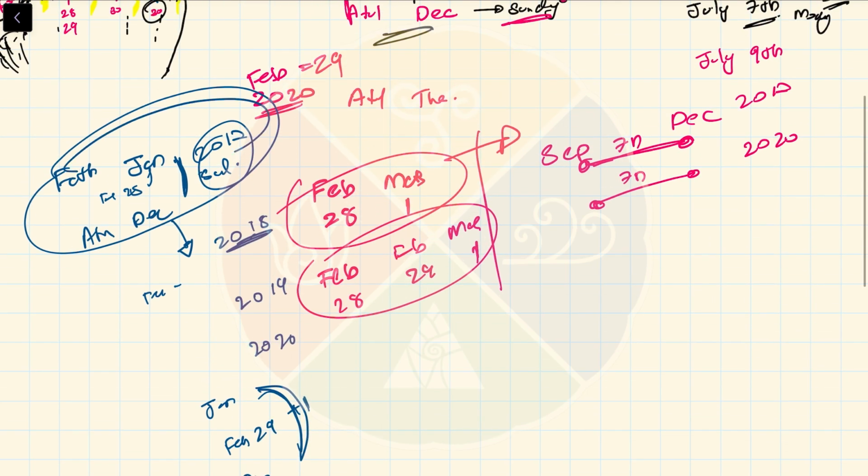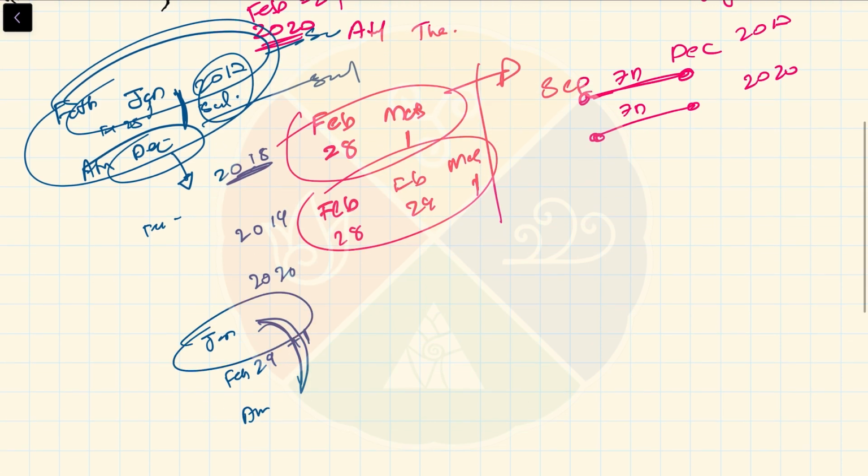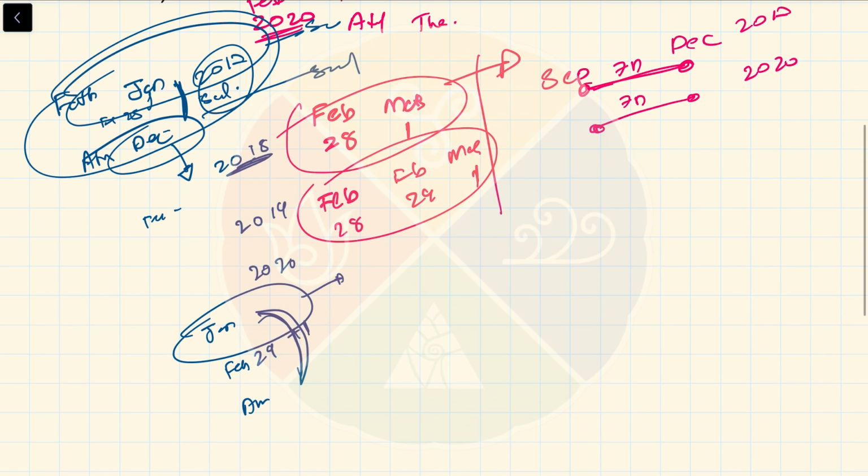If father's birthday was on a Thursday in January 2020, then Atul's birthday will be coming one day later, since 29 is an extra. What is after Thursday? Friday. His day will be on a Friday.